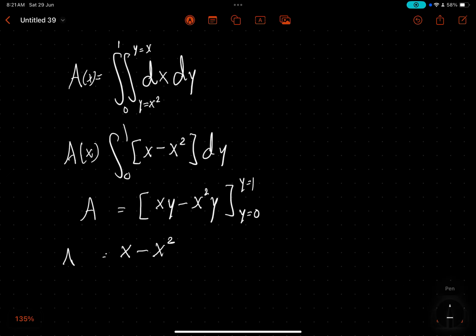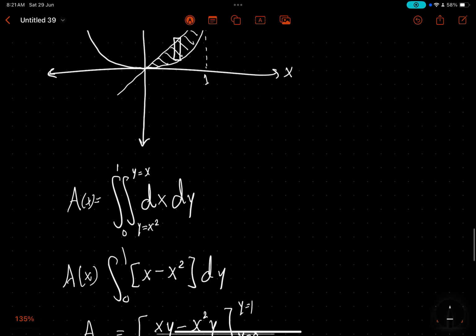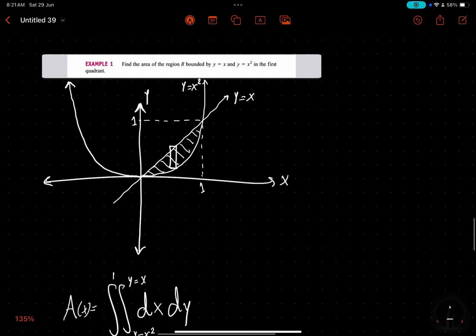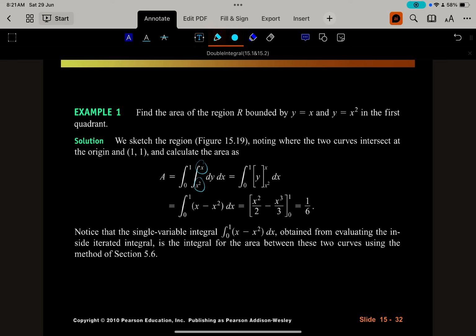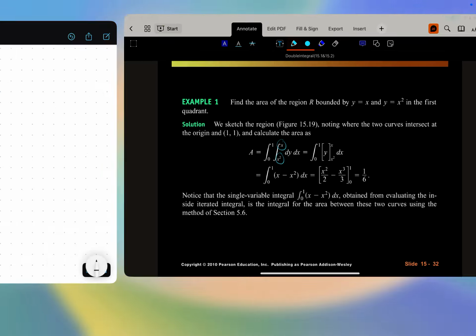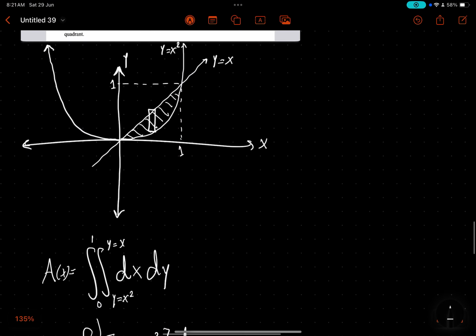We can find now the area. Why is it a function of x again? Okay, so here I do have a minor issue.